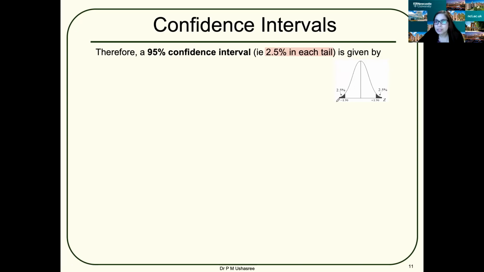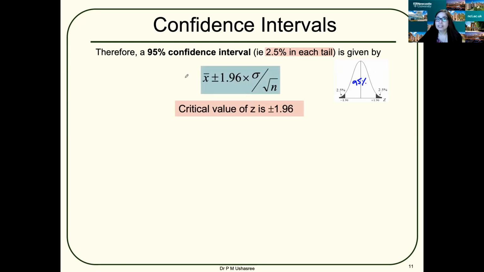See, 2.5% on this side, that's for 95%. And the confidence interval is given as between x bar plus 1.96 times the standard error to x bar minus 1.96 times the standard error. So this value of Z is called the critical value of Z.